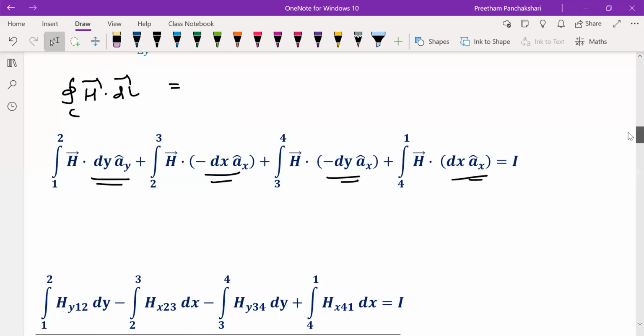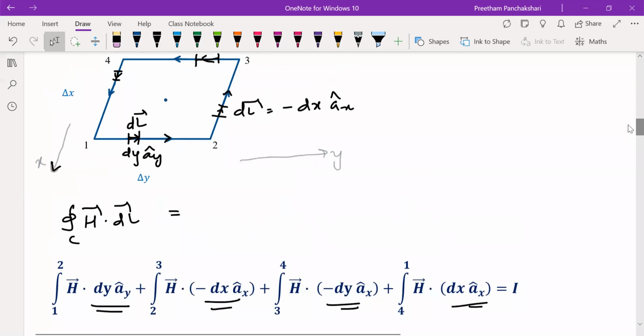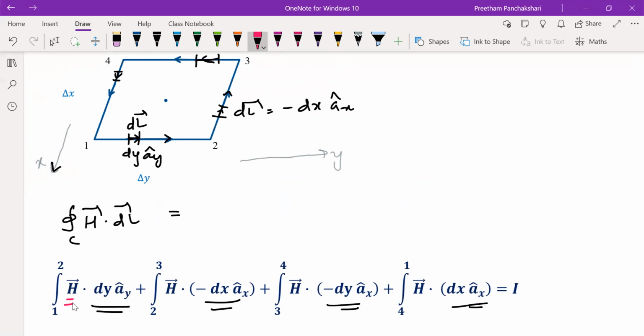So in the next step, we shall write all of them. The paths are taken care of, fine. What about H? H has all 3 components, and as I said, H can be taken as H naught at the midpoint, which has 3 components, Hxo, Hyo, and Hzo az.